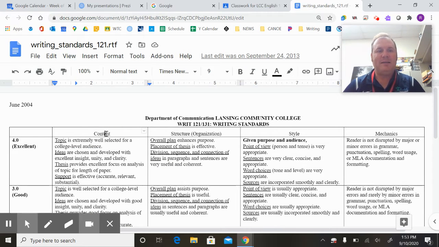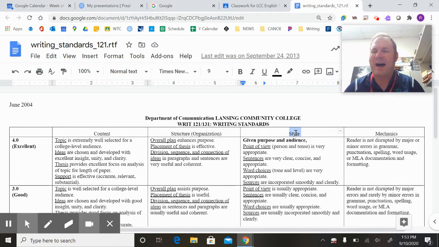So content, structure, style, and mechanics are a slightly artificial, but useful way to break writing into 4 concrete areas that you need to focus on. So content: do I have good ideas? Are they clearly expressed? Are those ideas organized in a way that enhances the audience's understanding of the points you're trying to make?